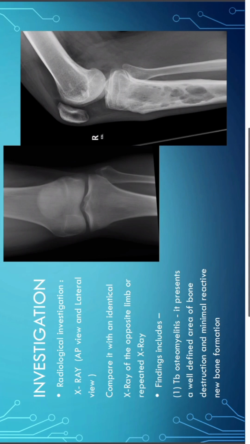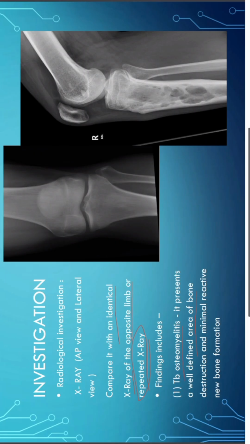Investigation. We go through the radiological investigation, that is X-ray in AP view and lateral view. Compare it with an identical X-ray of the opposite limb or repeated X-ray. Findings include TB osteomyelitis.